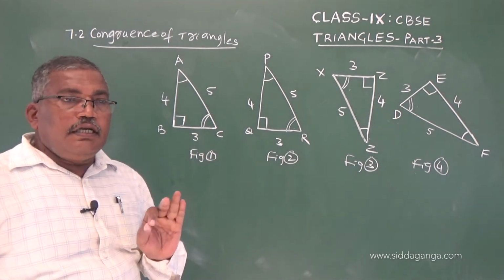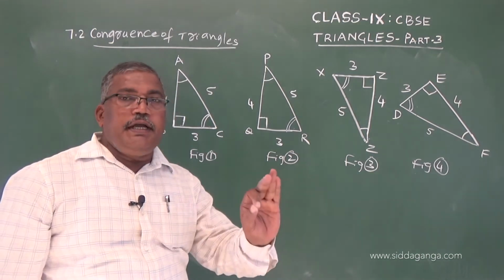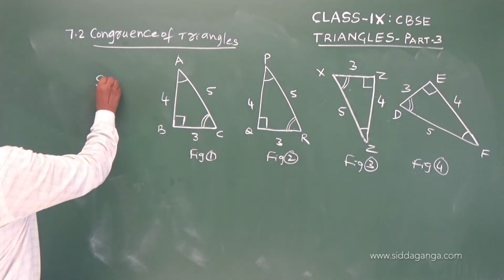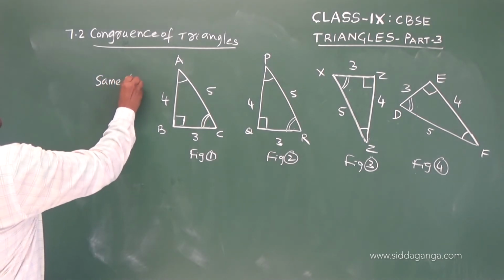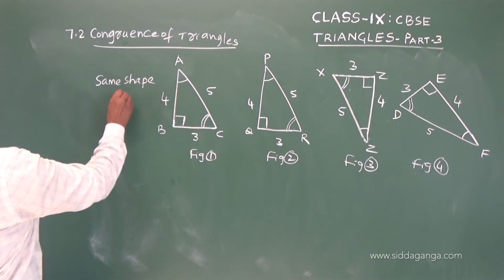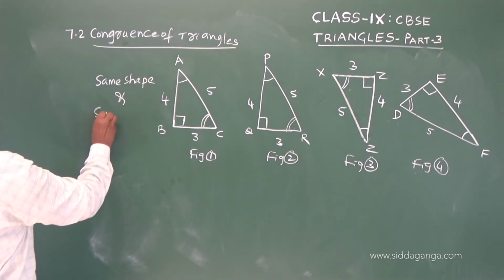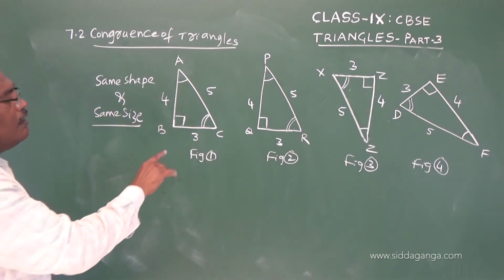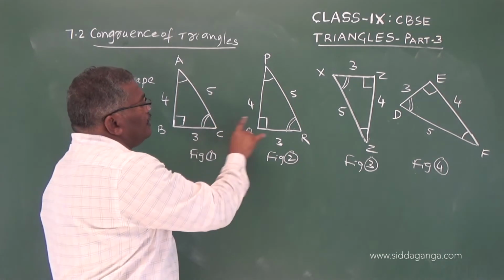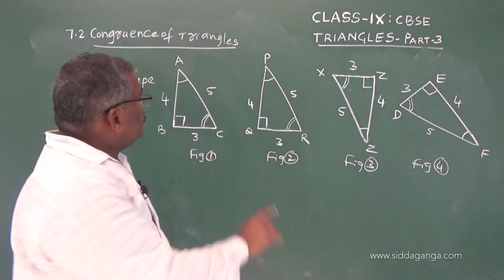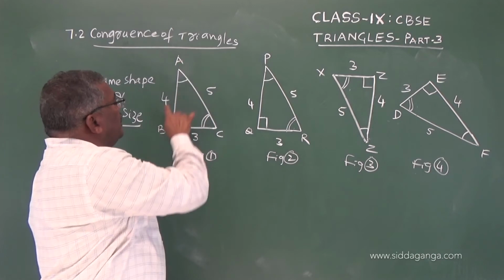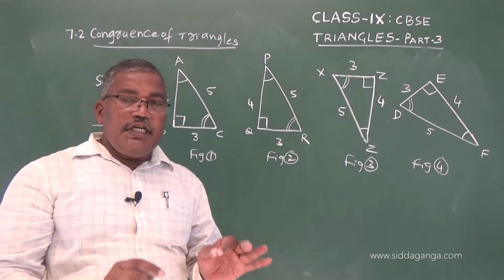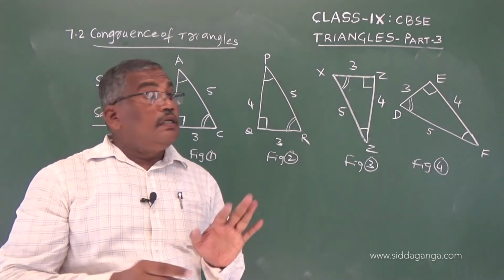That means the shape is same, same shape, and same size. So this is very important. They have same shape and size. Such figures, triangle ABC and PQR, have same shape and same size.